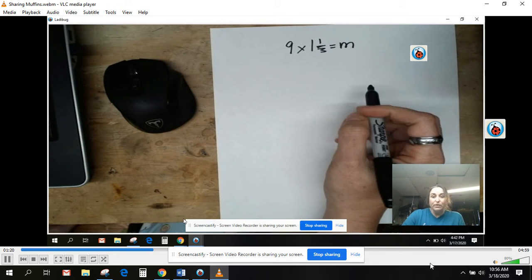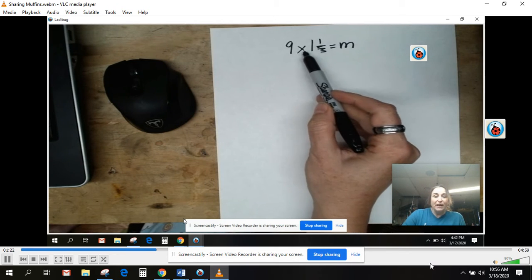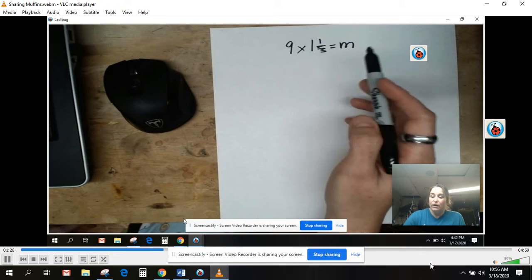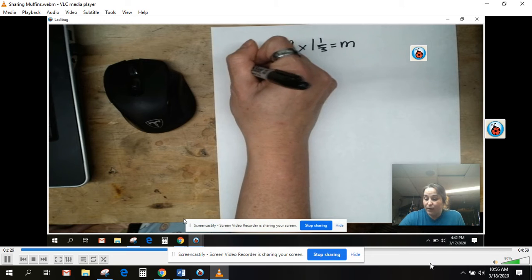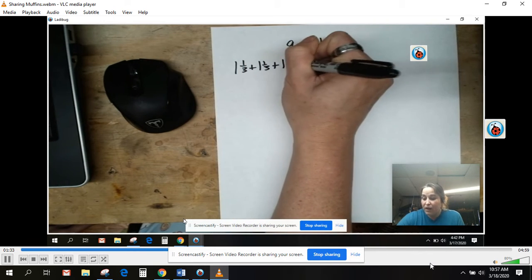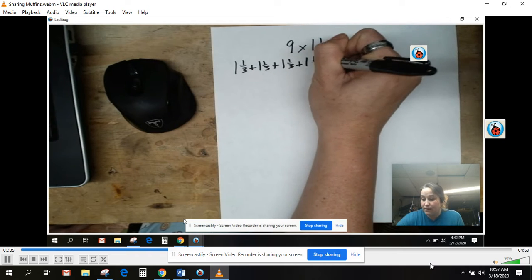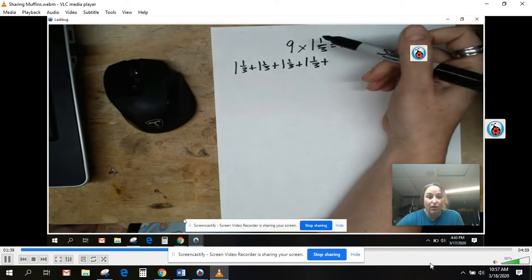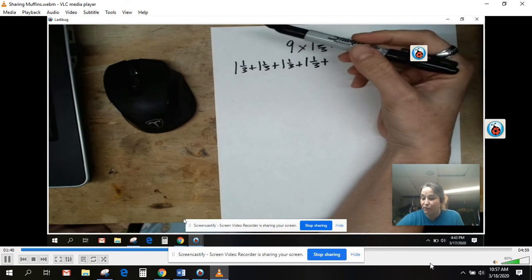So one of our first entry points here is we know that multiplication is just groups of. So here we have 9 groups of 1 and 1/3. So you could begin by putting out your 9 groups of 1 and 1/3. The majority of my students are past this step. They are to the multiplication piece, but just in case they aren't, let's go ahead and do a little bit of repeated addition first.